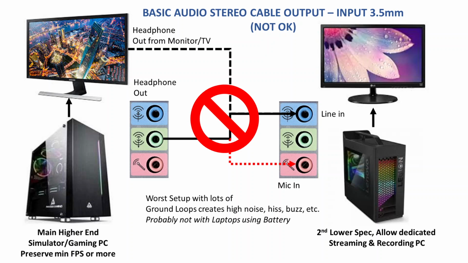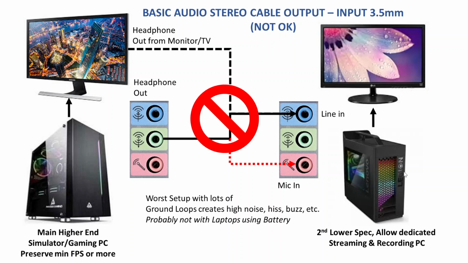I have tried attaching some ground cables, but that doesn't help because at the end of the day, it's a ground loop. The more you connect the grounds, it's actually creating the same path of noise. It won't help, so this one doesn't work. That's the worst connection.